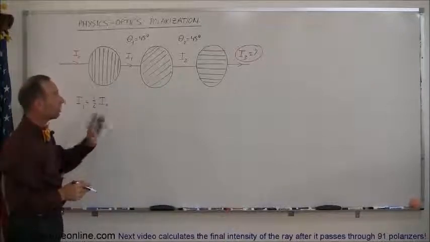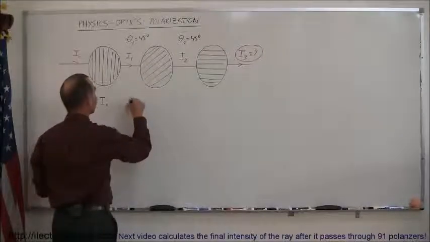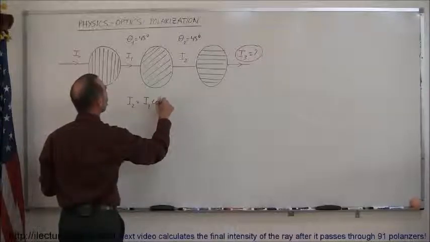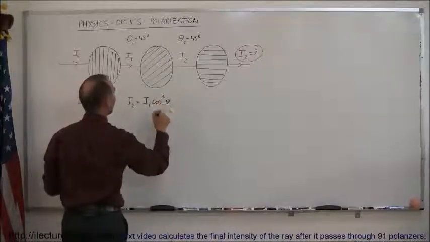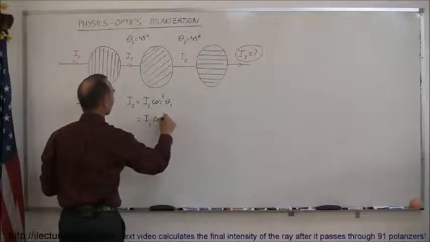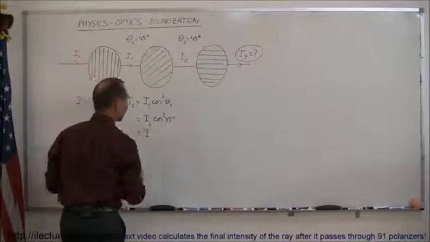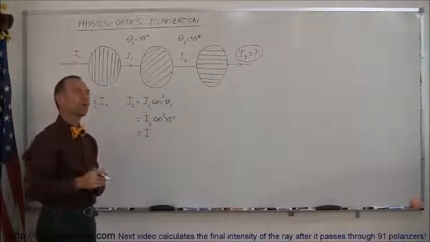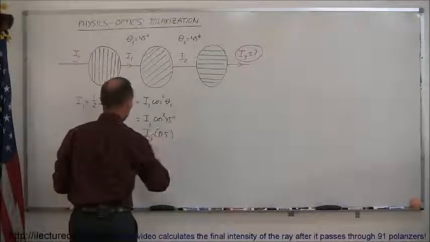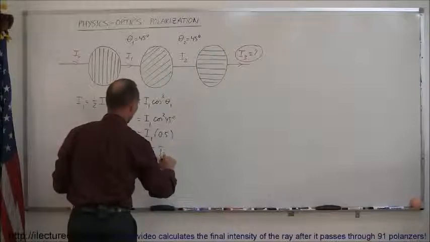Now let's look at what the intensity would be when we get through the second polarizer. Here we can say that I sub 2 is equal to I sub 1 times the cosine squared of theta sub 1. And in this case, that is I sub 1 times the cosine squared of 45 degrees. And that's equal to I sub 1 times, and the cosine of 45 degrees is 0.707. If we square that, that's equal to 0.5, which means it's 0.5 times I sub 1.